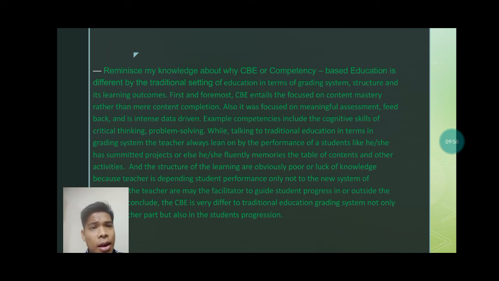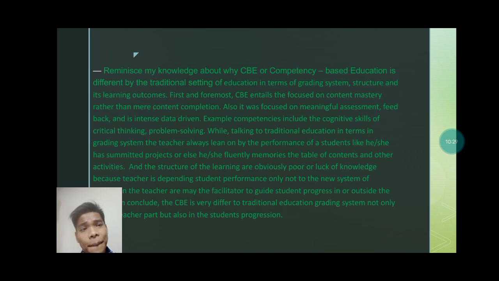While talking about traditional education in terms of grading system, the teacher always relies on the performance of students, like whether he or she has submitted projects or fluently memorized the table of contents and other activities. And the structure of the learning is obviously poor or lacking in knowledge because teachers depend on students' performance only, not on the system and the education.